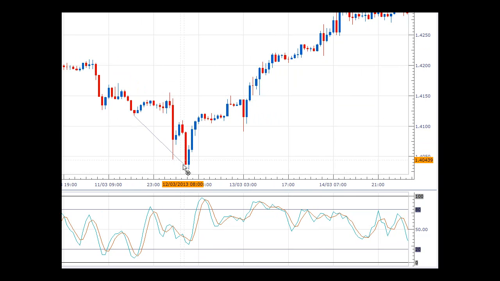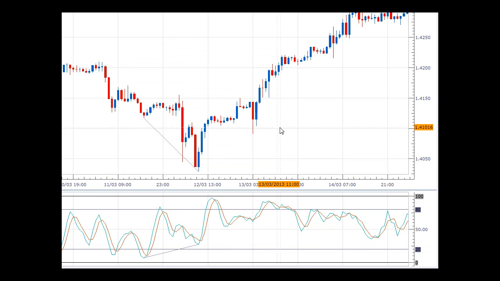This is a lower low, while this point here is a low point, but this is a higher low. So let me connect them, and here what we have is the positive stochastic divergence. This is a sign the price is going to move up later on.